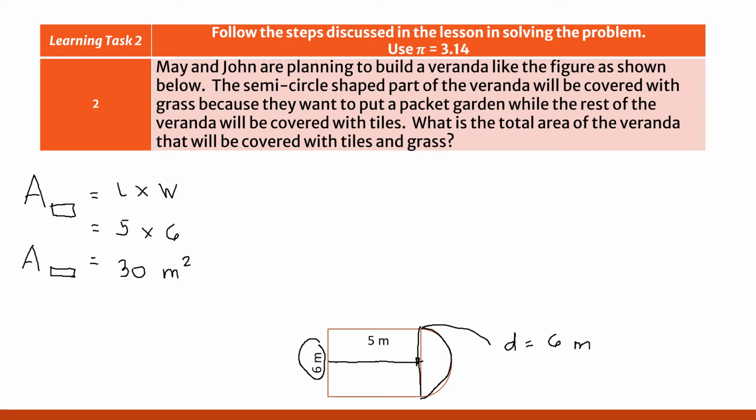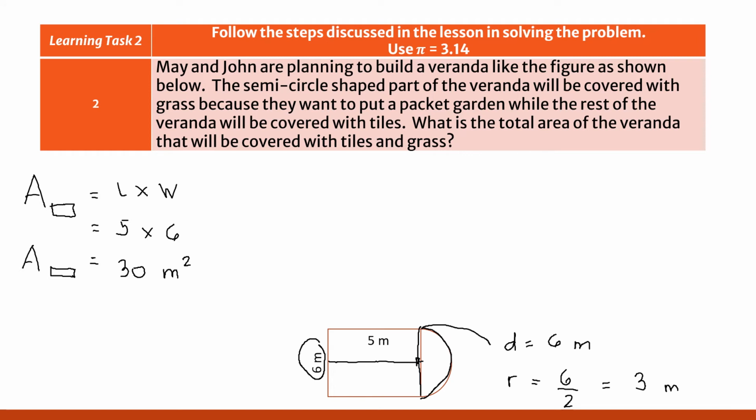Ngayon, dahil ang diameter ay 6 meters, kapag i-divide sa 2, magkakaroon tayo ng tinatawag na radius. So, sa makatuwid, ang radius sa problem na ito ay 3 meters. Dahil sabi nga natin, ang radius is 1/2 the measure of the diameter.